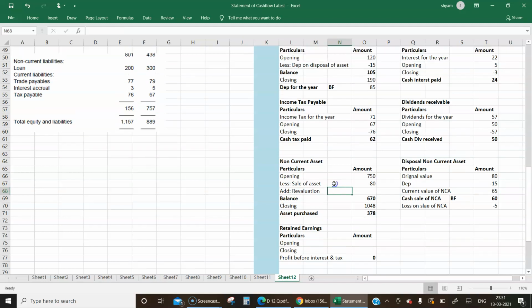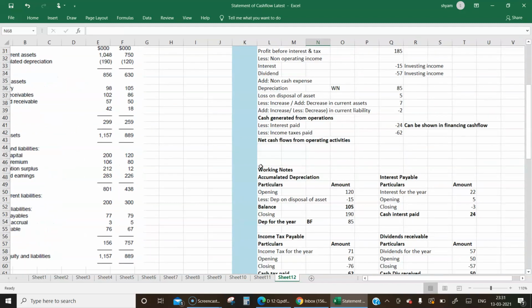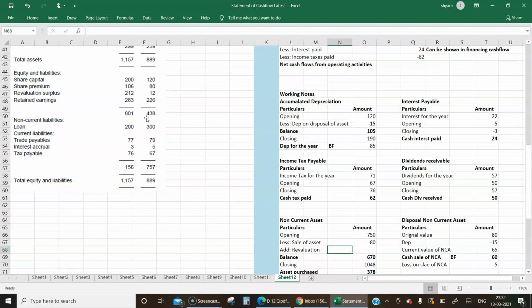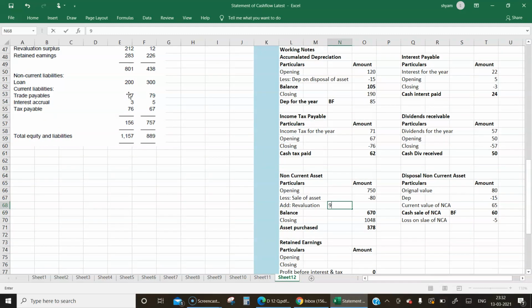Last year it was 12, this year it is 212, so the number would be 212 minus 12. Totally 200 worth of assets have been added.